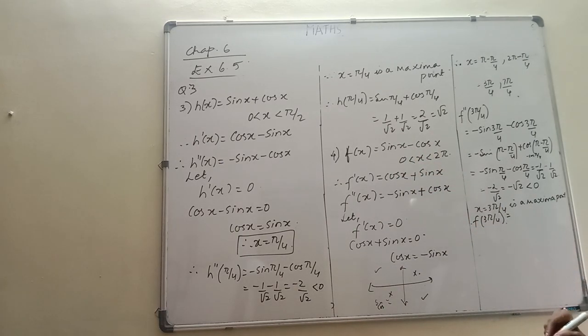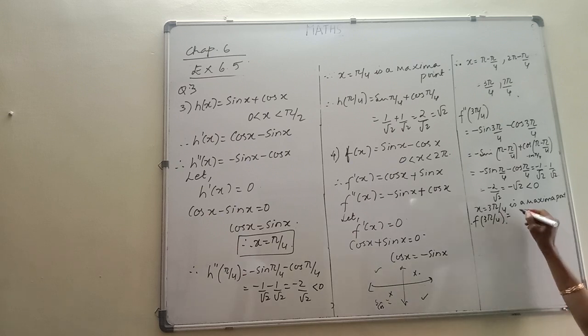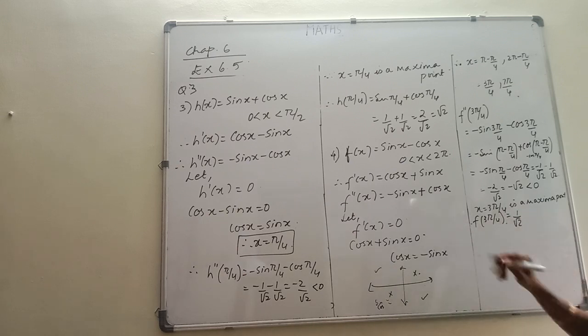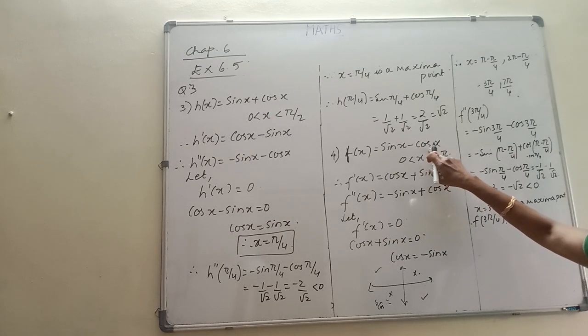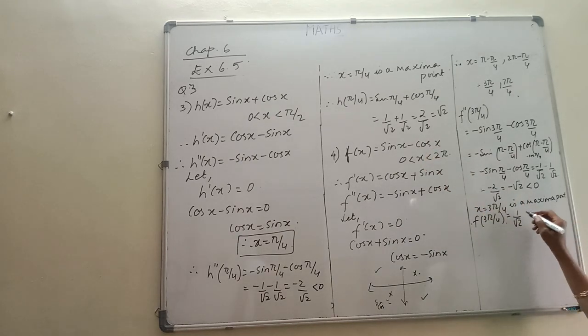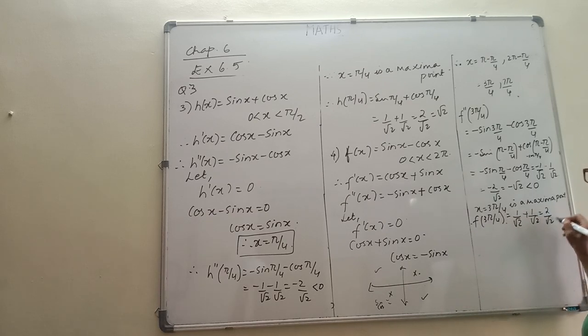Sine 3 pi by 4, you already know it is sine pi by 4, which is 1 over root 2, and minus cos 3 pi by 4, but already it's minus 1 over root 2, so it's going to be plus 1 over root 2. So that's going to be 2 over root 2, which is root 2 as a value.